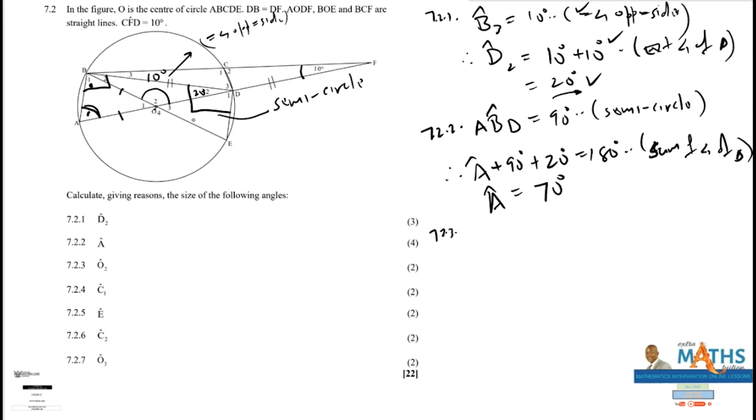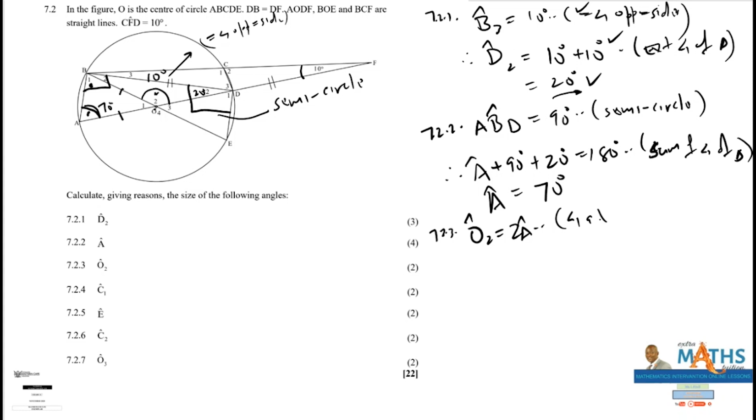7.2.3, they ask you now to find the value of O2. Remember that now we have 70 for A. For O2, we said O2 is the angle at the center, which is twice the angle at the circumference. I hope you remember that. It means O2 will be equal to 2 angle A. Why?